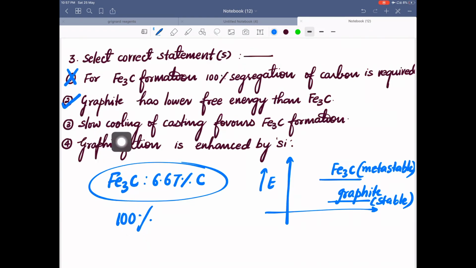So in slow cooling, you are providing a high amount of time.